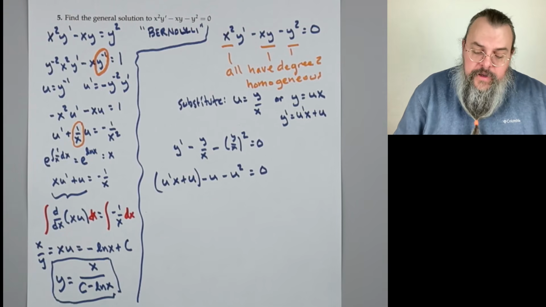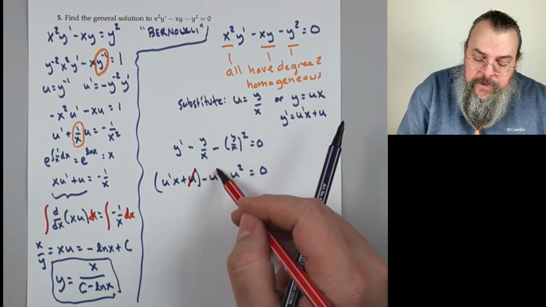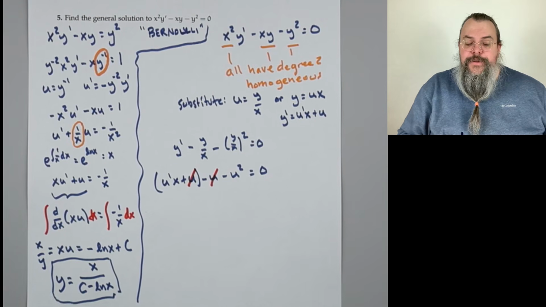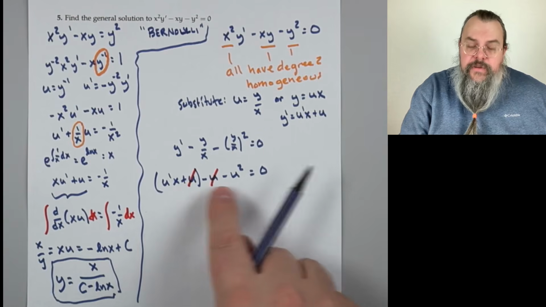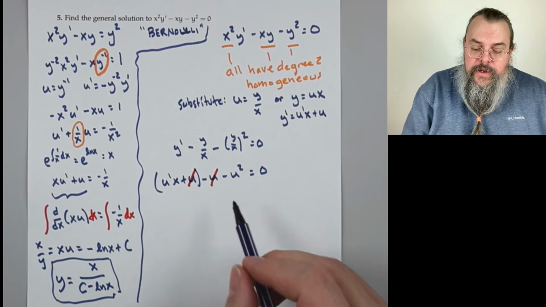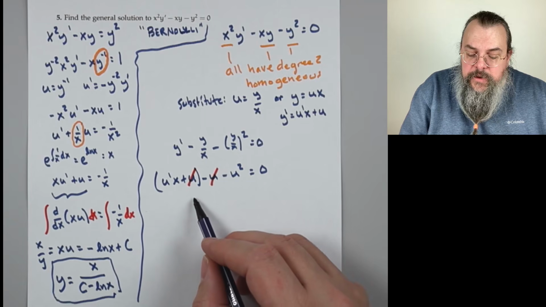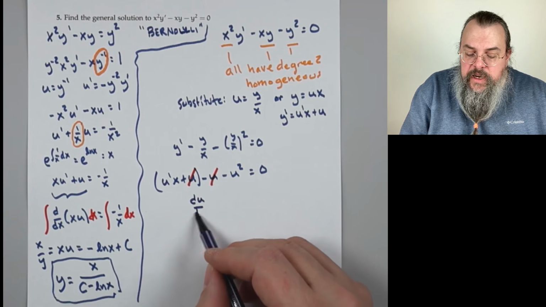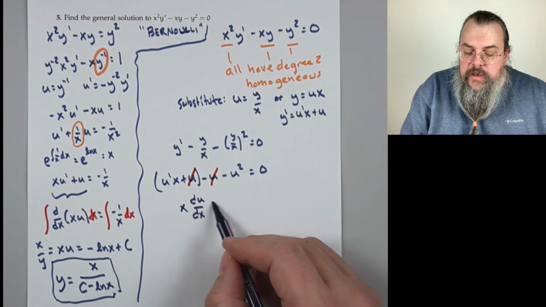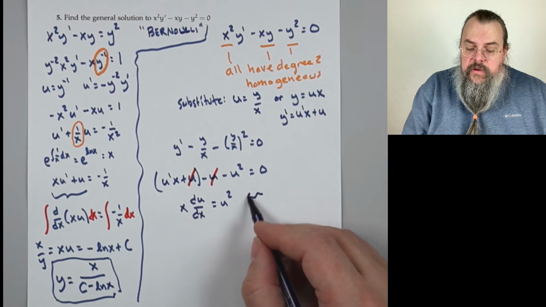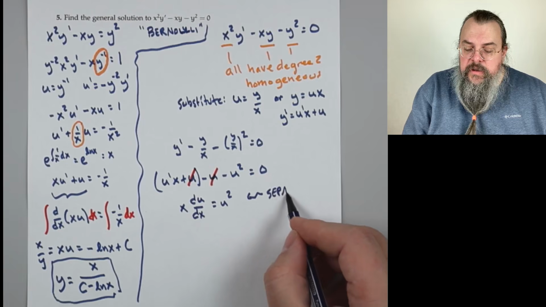We notice, almost as if it had been planned, because, well, whoever wrote it probably did plan it, u prime x plus u minus u cancels, minus u squared. All right, so that gives us that u prime x, which we can write as du/dx times x, is equal to u squared. And now this is separable.